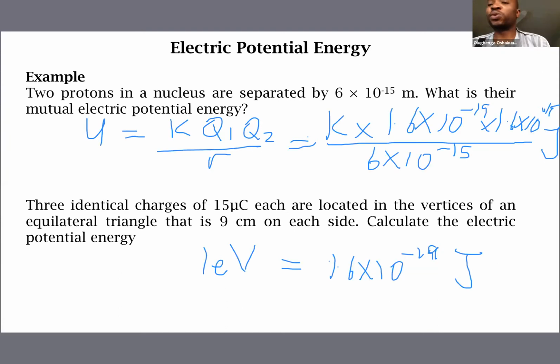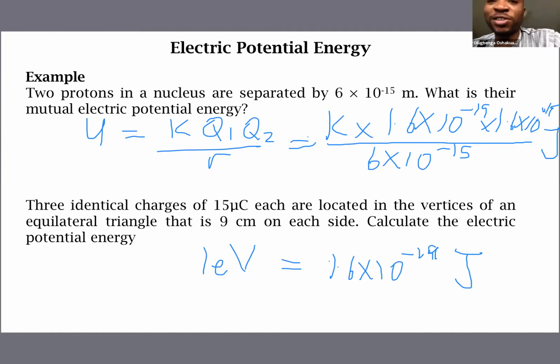Sometimes you may want your values in electron volts, which is very convenient, because when you are dealing with values of the order of 10 raised to power minus 19, you may not really know which is big or which is small. But when you work in electron volts, you'll be able to say, wow, this is a very high value and this is a small value.